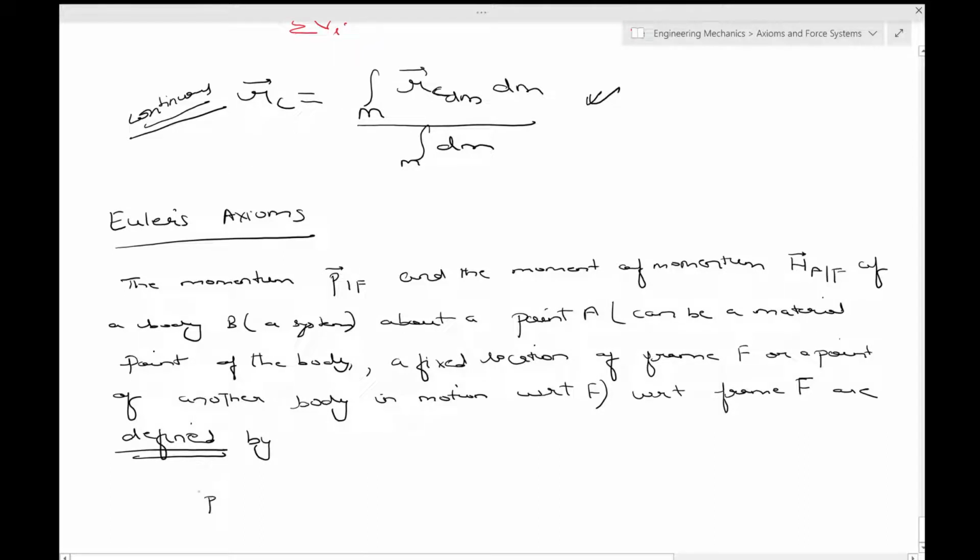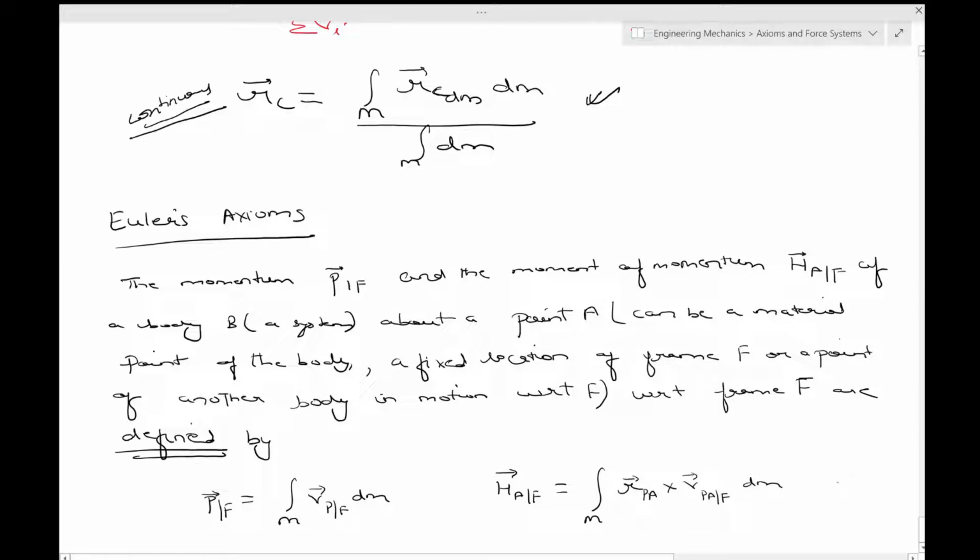So P in the F frame is equal to the integral over M of V_P by F dm, and then H_A by F is equal to the integral over M of R_PA cross V_PA by F dm.